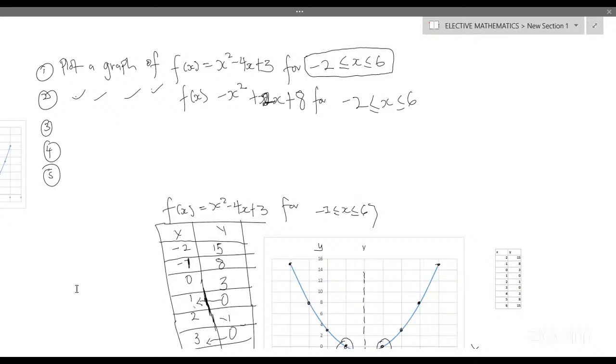Okay, so Akosia, I can see your message. Okay, all right. The plotting of the graph. So Akosia, do you have your calculator with you?